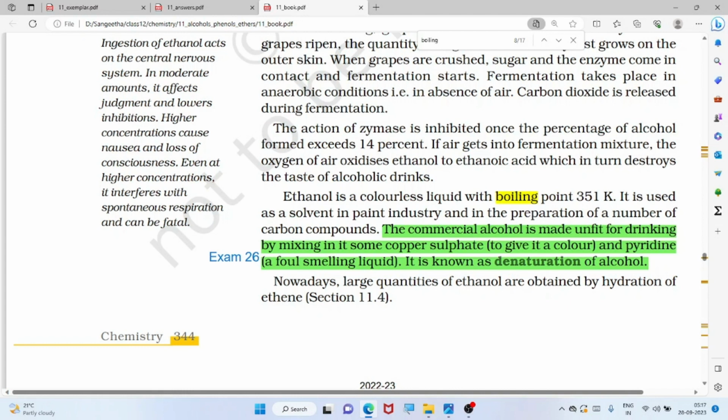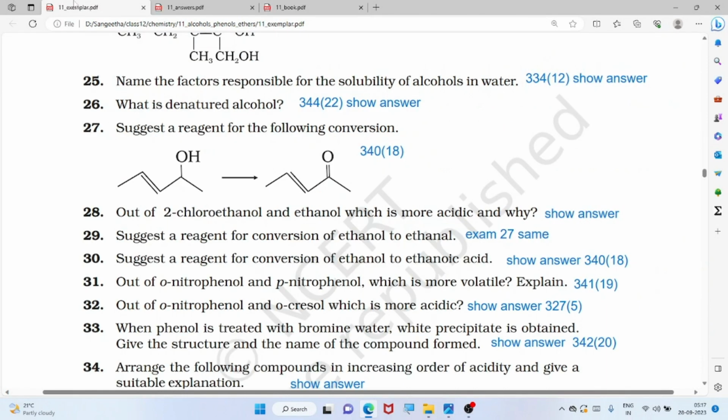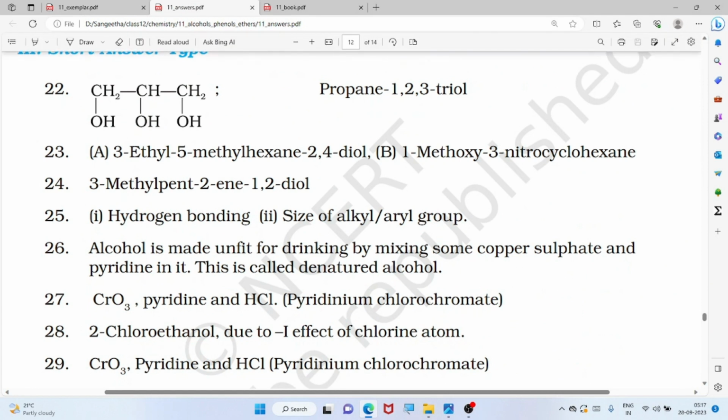So it is known as the denaturation of alcohols. Alcohol is made undrinkable by mixing some copper sulfate and pyridine.